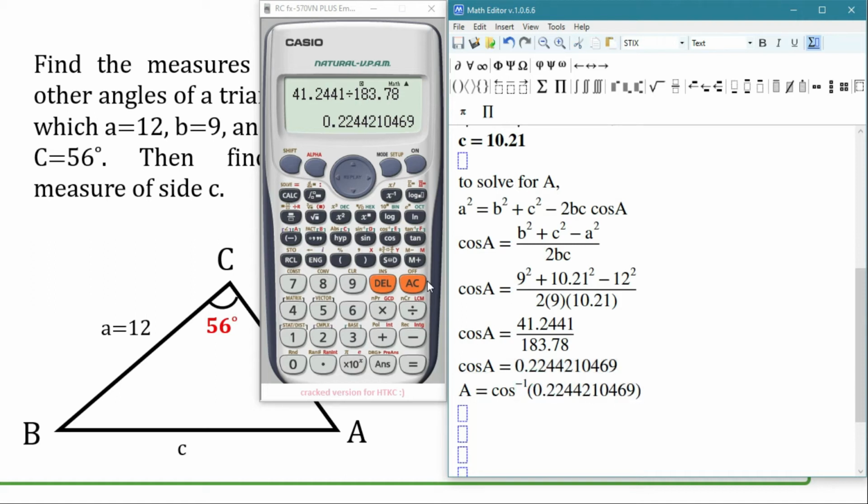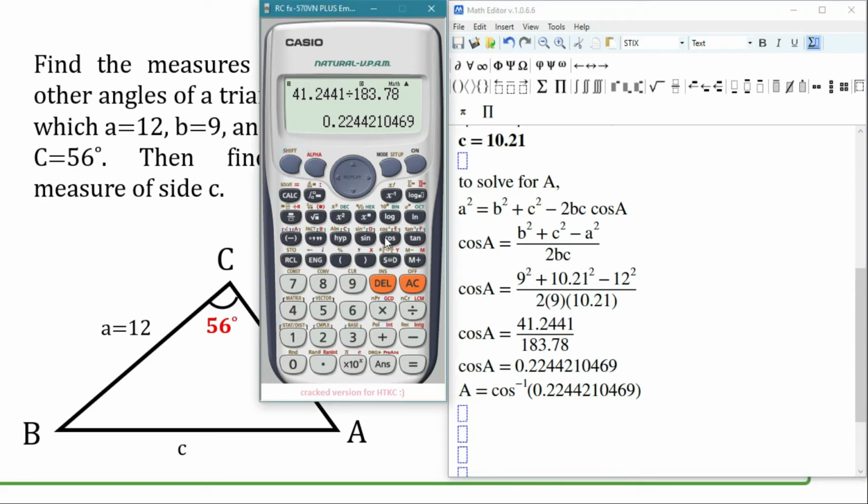So ang gagawin natin sa calculator, wag natin siyang i-off para hindi siya mag-reset. So that is shift cosine, para makuha natin yung cosine raised to negative 1 times the answer natin kanina. And that is equivalent to 77.03.